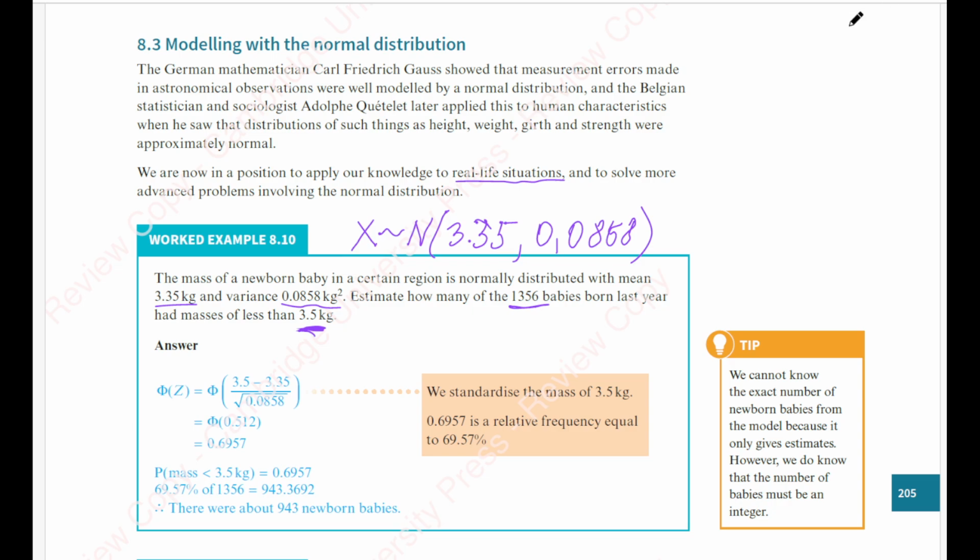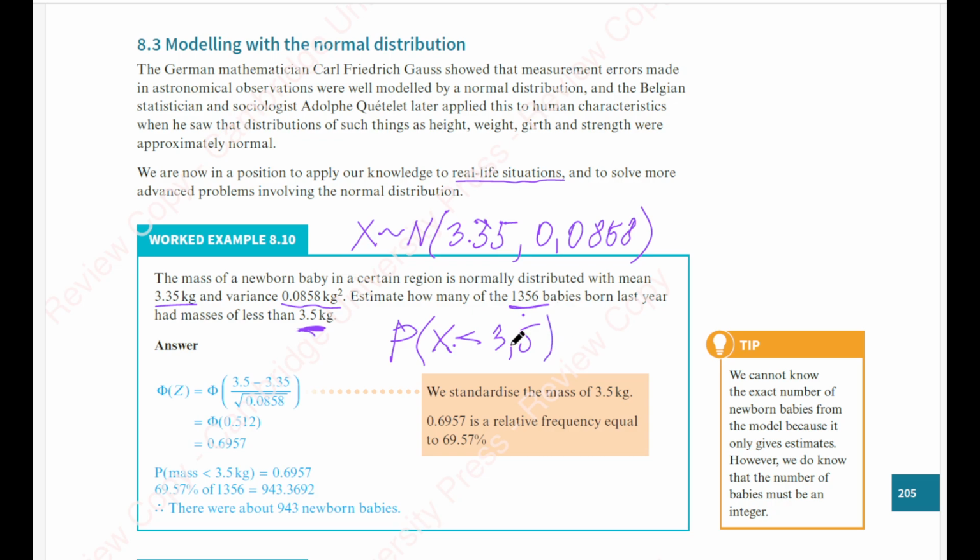We know that we have 1,356 babies, and we want the masses less than 3.5, and the distribution is normal, so we can find the probability that X is smaller than 3.5.